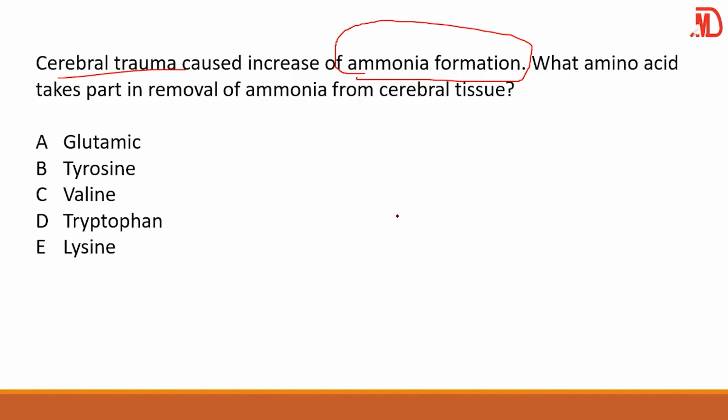So that is why over here there is a problem. But if you want to know what amino acid is involved to remove this ammonia, of course, the glutamic acid. So your answer here is A, the glutamic acid. All right.